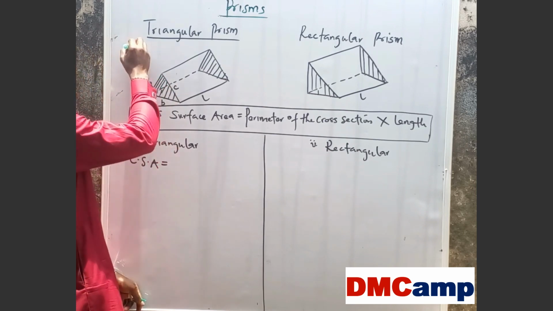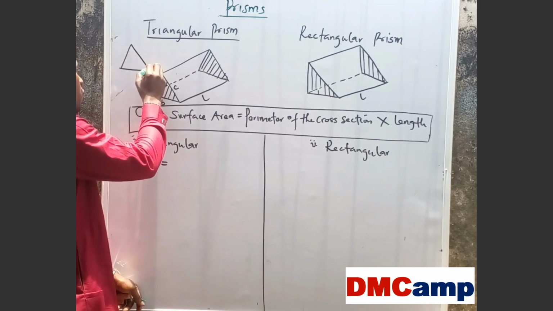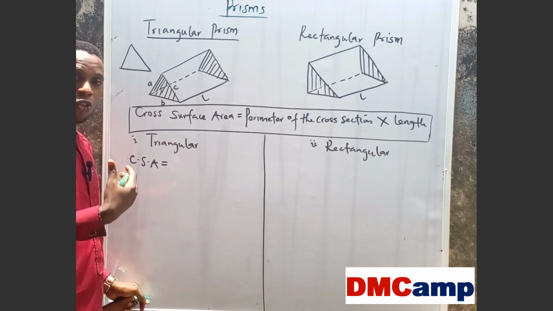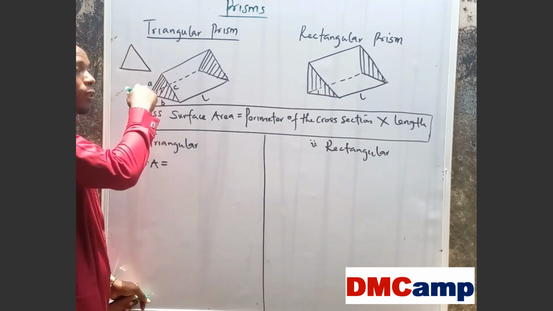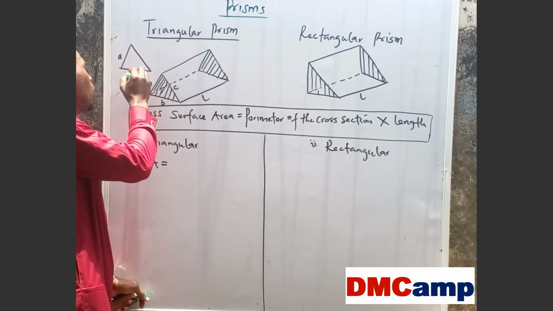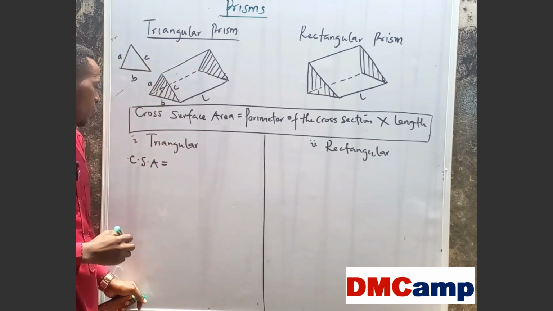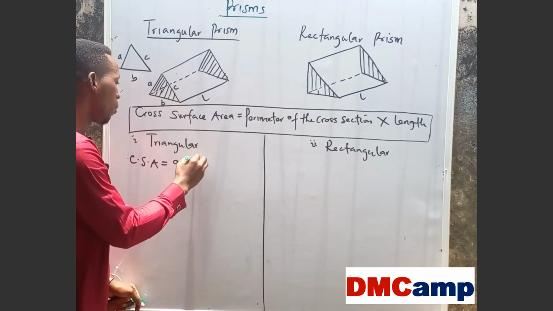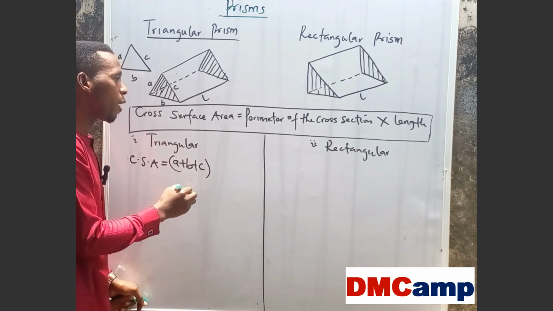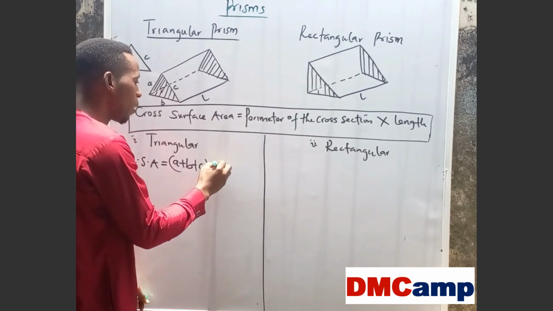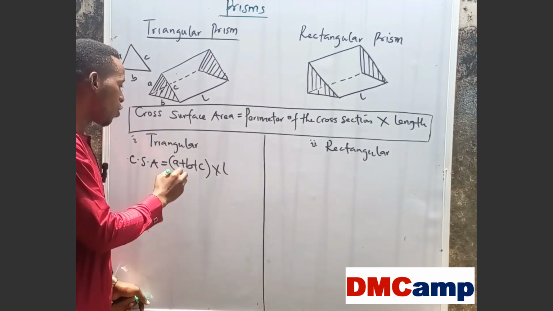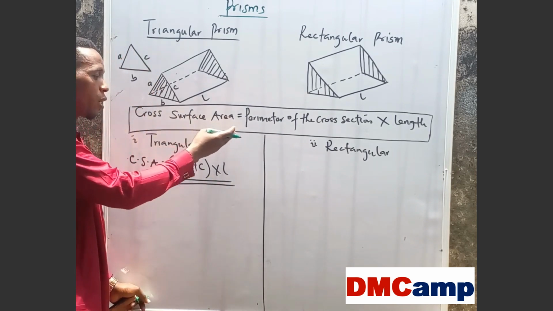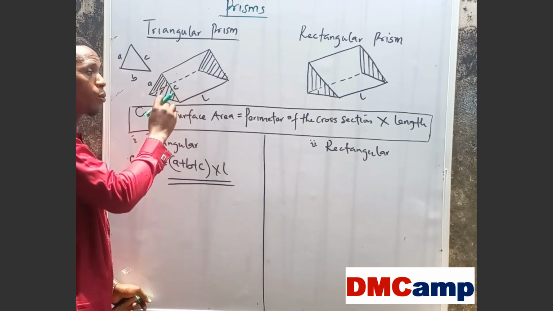The perimeter of a triangle, if it is a scalene triangle or equilateral triangle or an isosceles triangle, you add all the lengths together, A plus B plus C. Then multiply it by what? By the length. This will give you the cross surface area of this triangular prism.